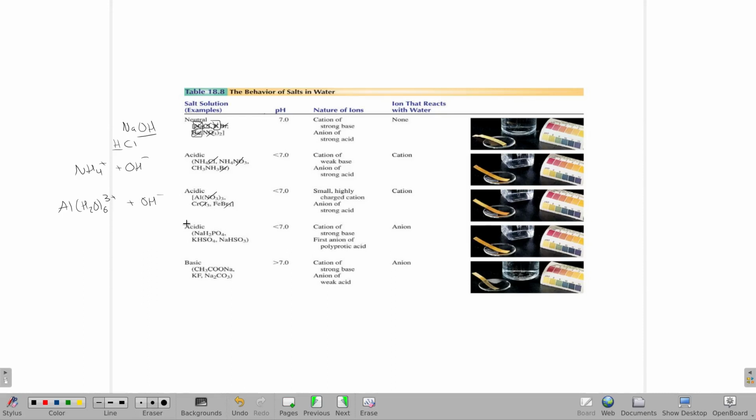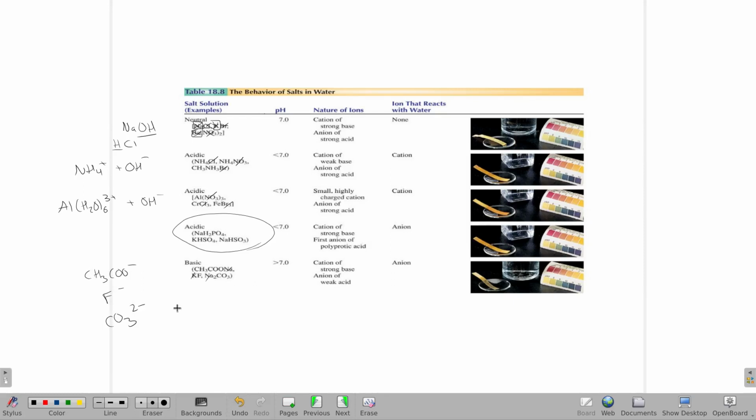Now, we're going to skip this next section. There is a better way to look at it that always works, because there are exceptions to this. But this last one, we can actually do this. Ignoring the cation, which is a strong base cation, we're looking at just the anion here. So we have CH3COO minus, F minus, and CO3 2 minus.